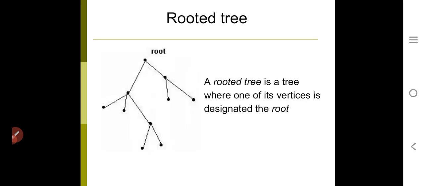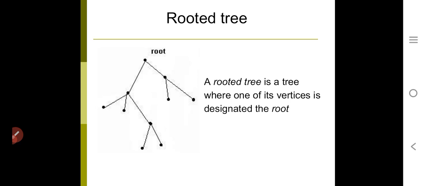Then we start the definition of rooted tree. A rooted tree means one of the vertices is designated as the root. This is called a rooted tree.